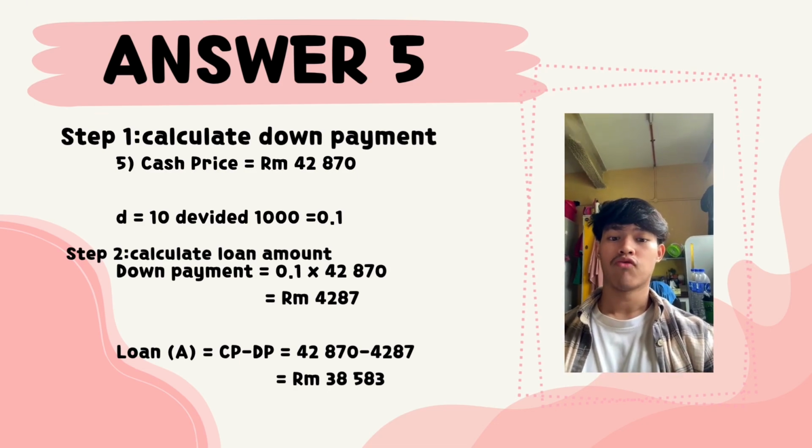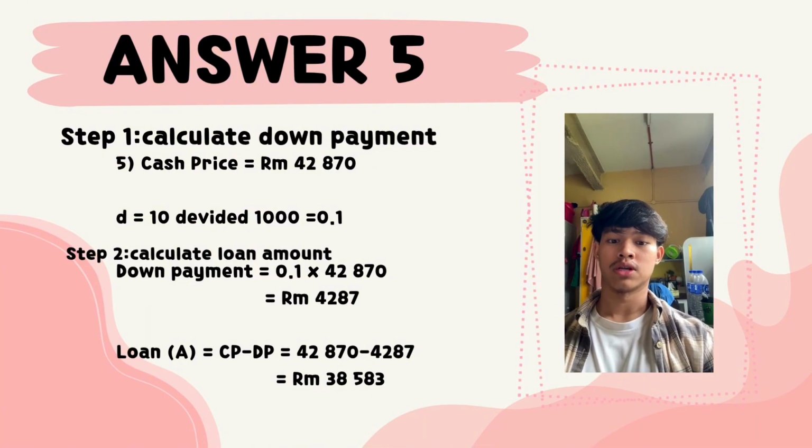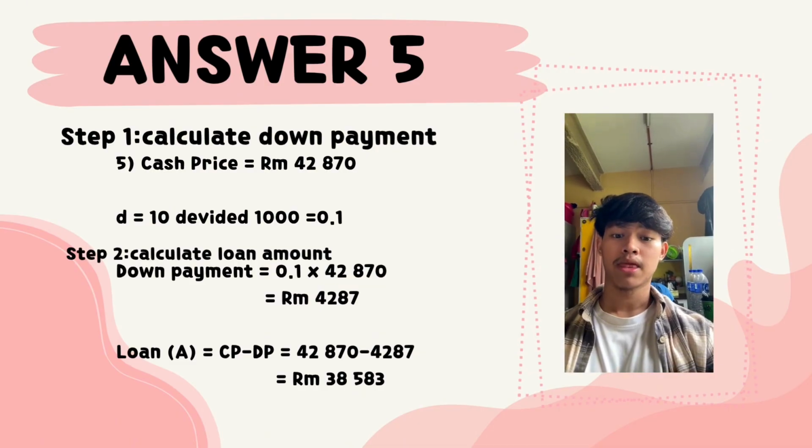Now, to find the loan amount, we subtract the down payment from the cash price. 42,870 ringgit minus 4,287 equals 38,583 ringgit. So this means that the loan amount is 38,583 ringgit.